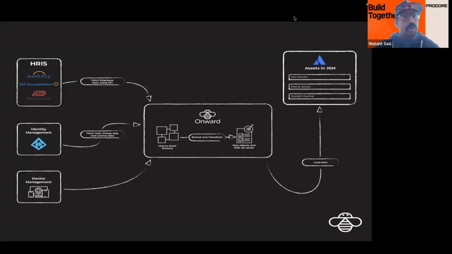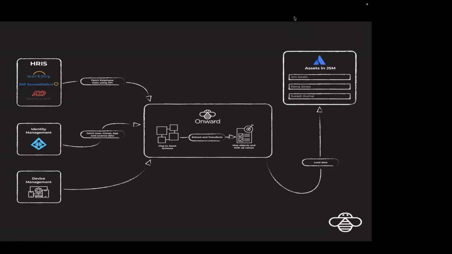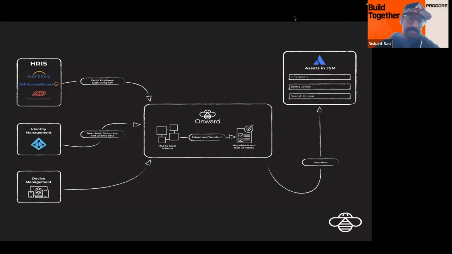And then it also brings the identity data from Okta, things like users, groups, apps, license tiers, access roles. What is the MFA status of that identity? So this builds the account, group, license, and entitlement object types in the schema.